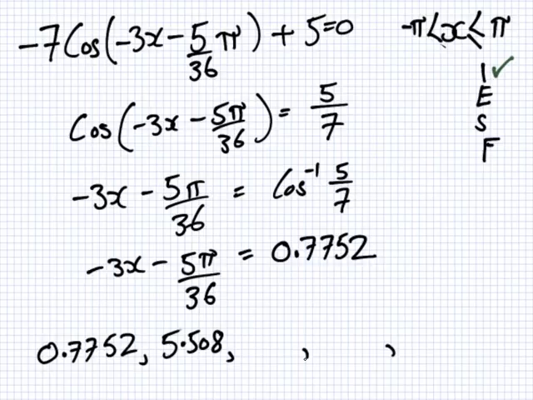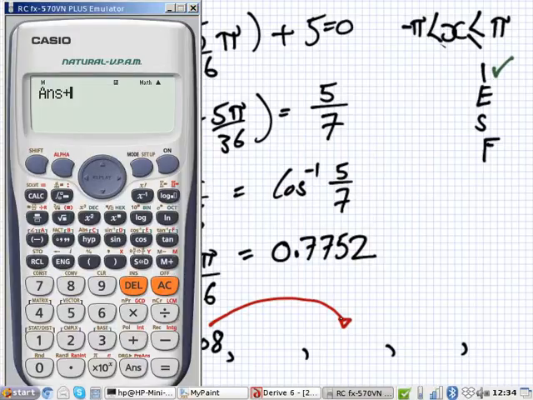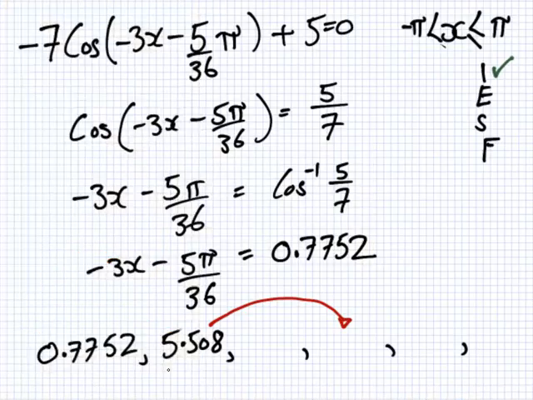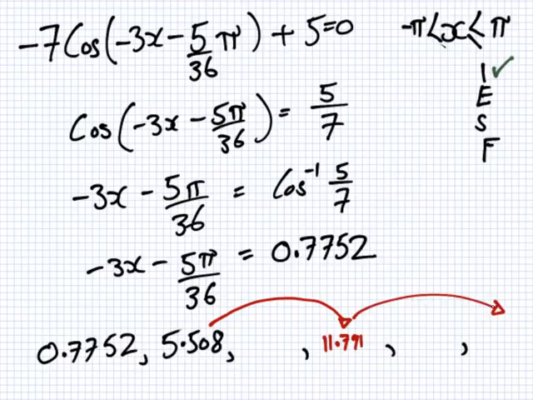We need in total 6 answers. But it's very easy to make the next answers. For example, if I add 2 pi to this, I get the next answer there: 11.791. And if I add 2 pi again, I have too many answers.